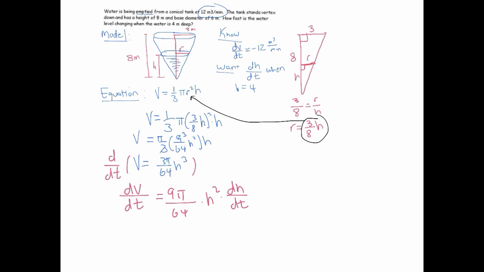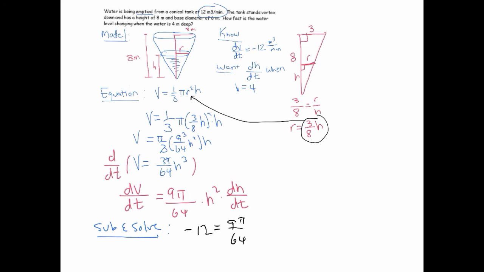Okay, and so now we can substitute in our known values, and then solve. I know that dV/dt is negative 12, so I can write negative 12 equals 9 pi divided by 64.